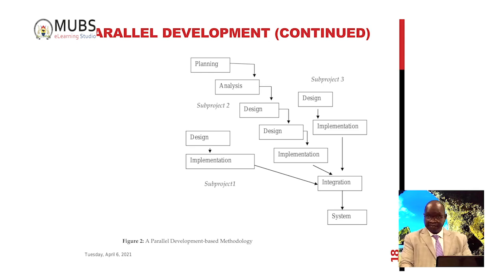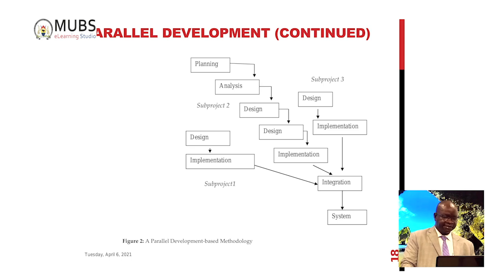Now, from that diagram, there's one overall planning for the entire system. And also, analysis follows in the same way. But when you reach design, you have your overall design. So this design is split into 3 different parts.